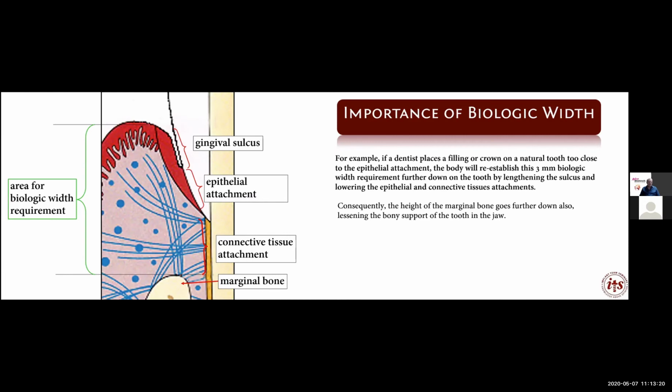In restorative dentistry, if a filling or a crown restoration is too close to the epithelial attachment, the body reestablishes the biologic width further down on the tooth by lengthening the sulcus and lowering the epithelium and connective tissue attachments.